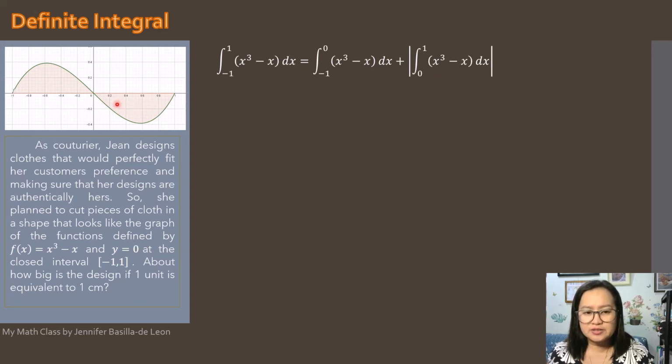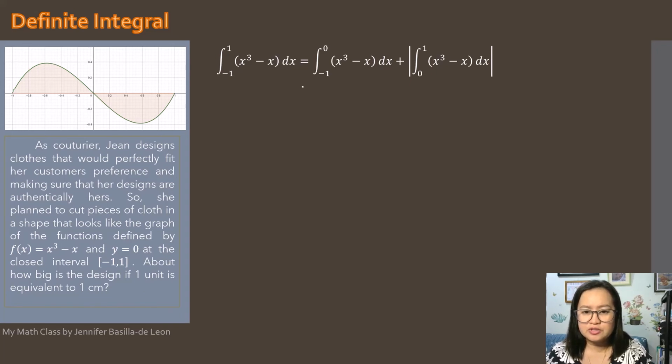Now, since this region falls under the x-axis, the definite integral will have a negative sign. So that means that the negative sign tells us that the location of that region is below the x-axis. So since this will give us a negative value, we need to get the absolute value of this definite integral.